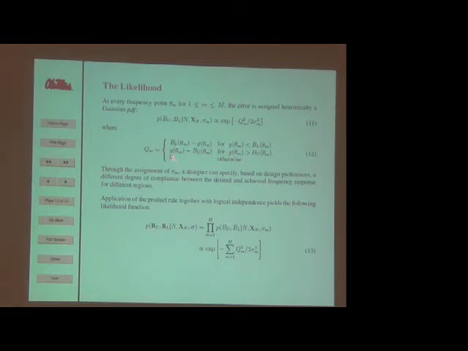If it's between them, I just say 0 error. And then at each frequency point, I assign this a Gaussian distribution with some sigma. And it's just something I have to set. And I just say they're independent. And this gives me the overall likelihood.